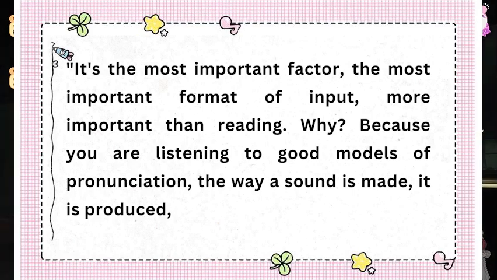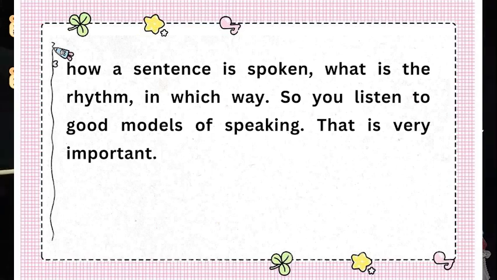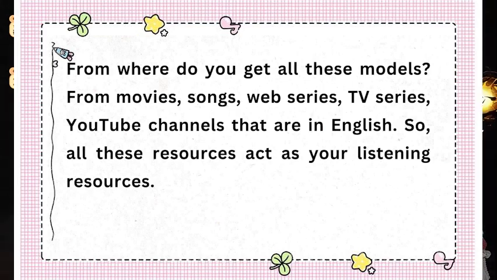Because you are listening to good models of pronunciation, the way a sound is produced, how a sentence is spoken, what is the rhythm. So you listen to good models of speaking. That is very important. From where do you get all these models? From movies, songs, web series, TV series, YouTube channels that are in English.